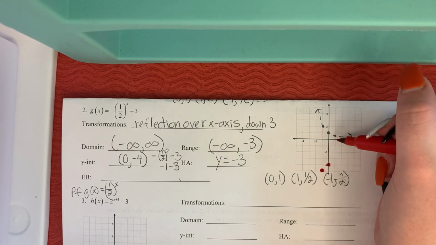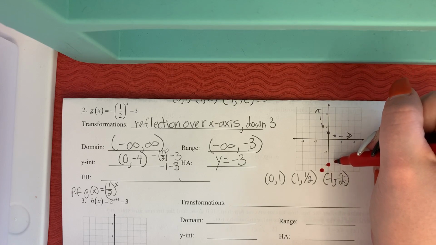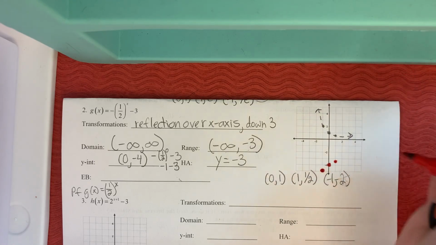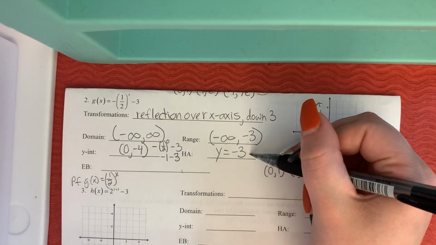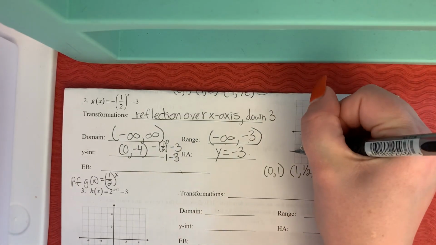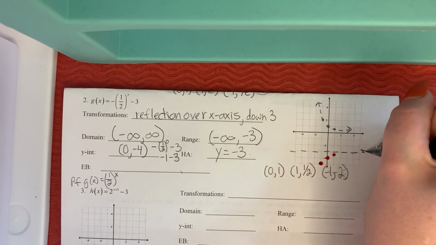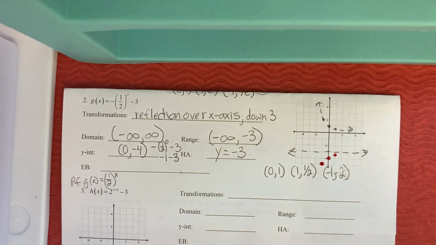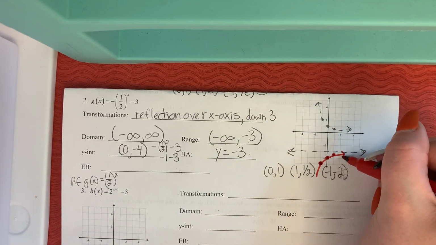And then I'll take that 1, 1/2, I'll reflect it, and I'll move it down 3 to get 1, -3.5. Okay, I need to remember again my asymptote is at y equals -3 for that final graph, which is right about here, so I don't want to cross that when I draw this graph. So that means my graph would look something like this.